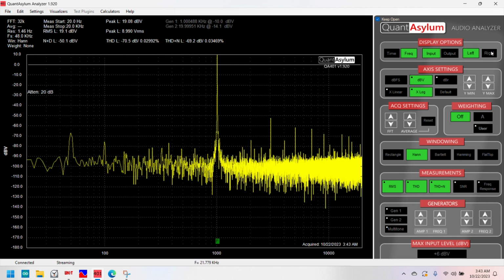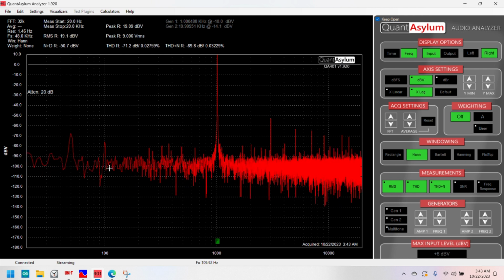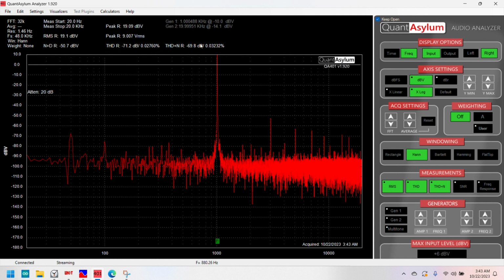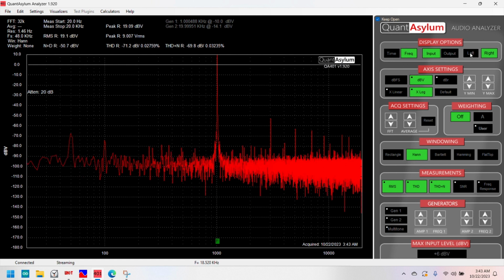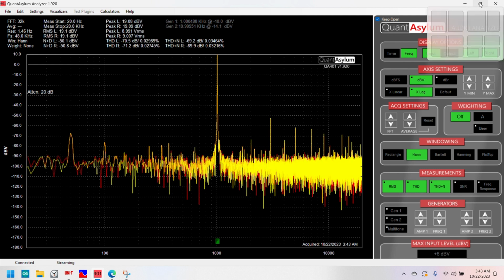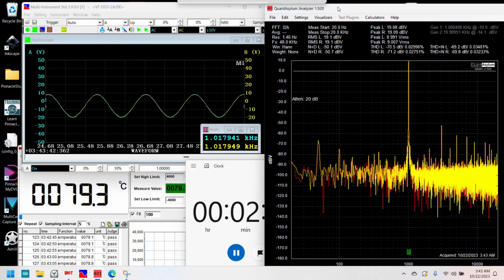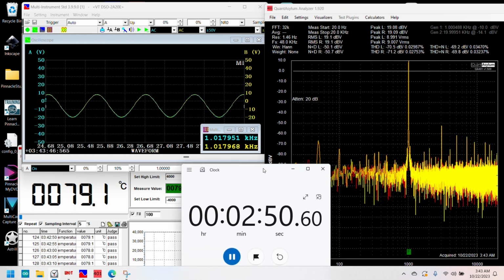And if I want to see the right channel, I can turn off that one and enable the right channel, which is the red one. And you can see that it will only display the distortion of the right channel. If you want to superimpose them together, you can have the left and the right channel together and minimize it so we can see all the signals in one screen.